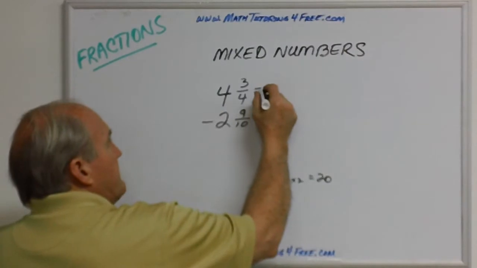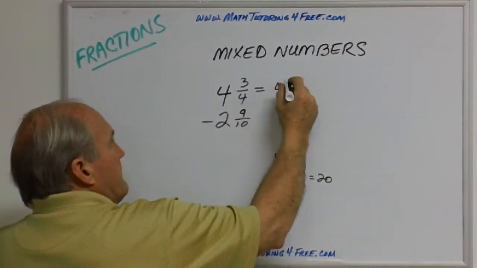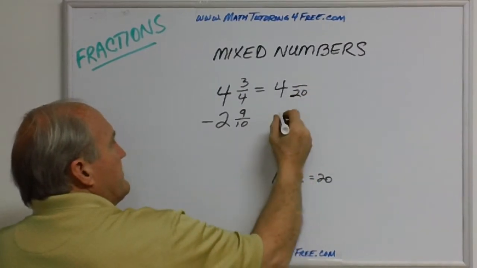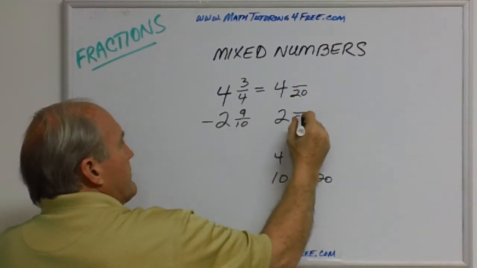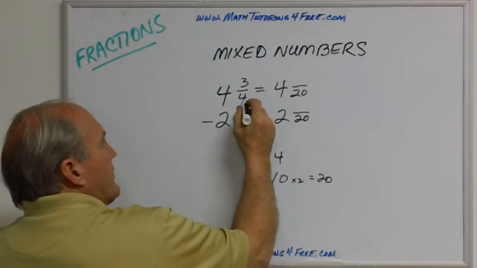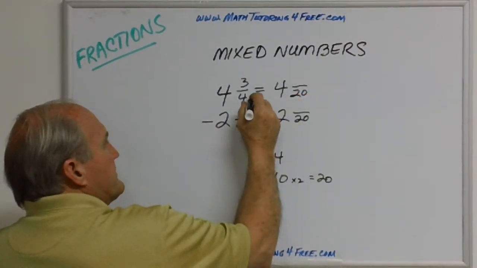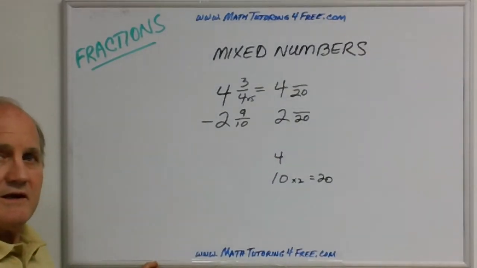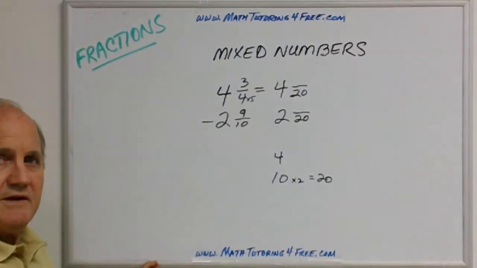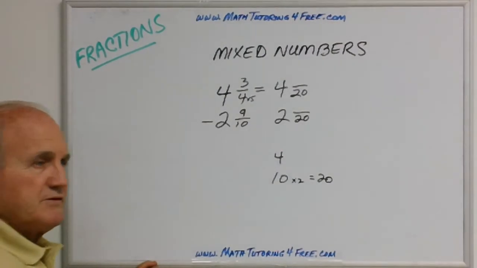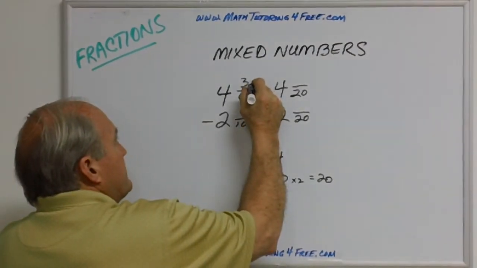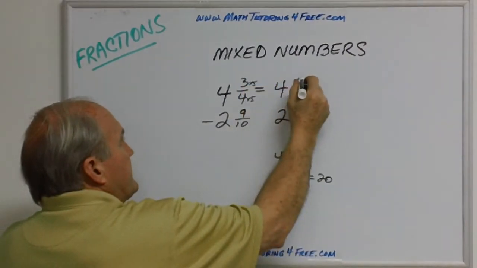I change both of these to 4 and how many 20ths, and this becomes 2 and how many 20ths? Well, 4 goes into 20 5 times, so I have to multiply 4 times 5 in order to get 20. Again, whatever I do to the denominator, I also have to do to the numerator. So that becomes 3 times 5, or 15 20ths.